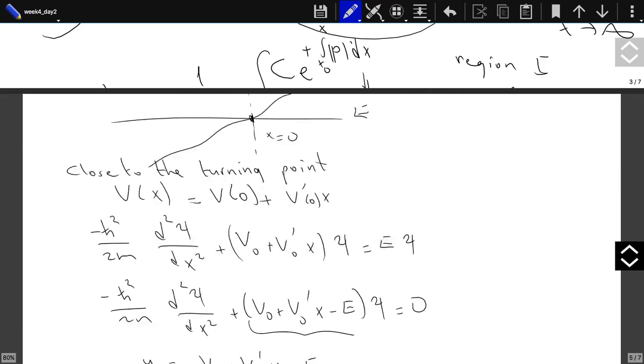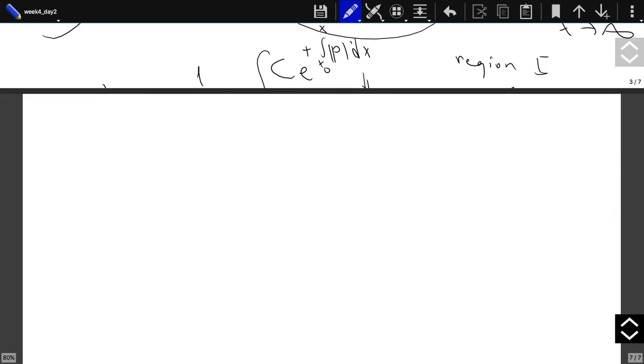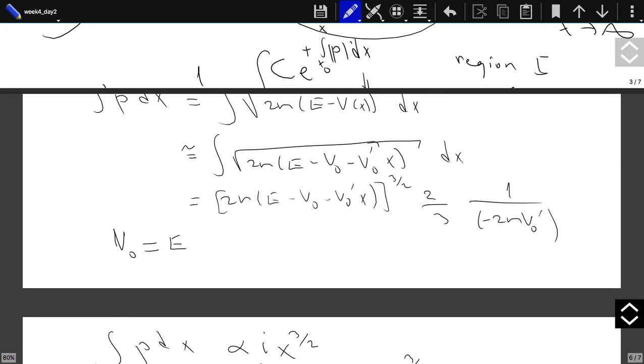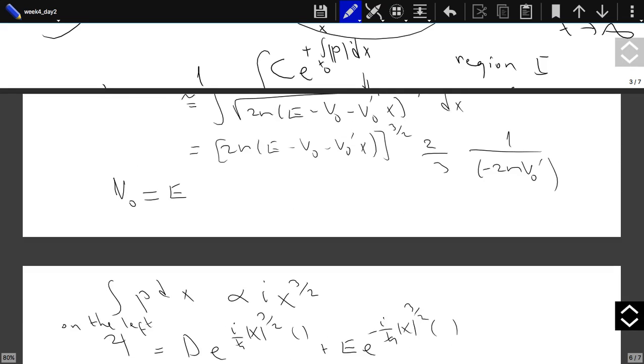Okay, so now let's come back here. What we had seen is that the p dx integral is proportional to minus V0 prime x to the power 3/2. This is what we know. And V0 prime is positive, so this is proportional to minus x to the power 3/2.